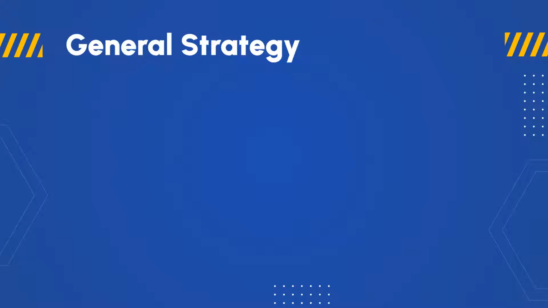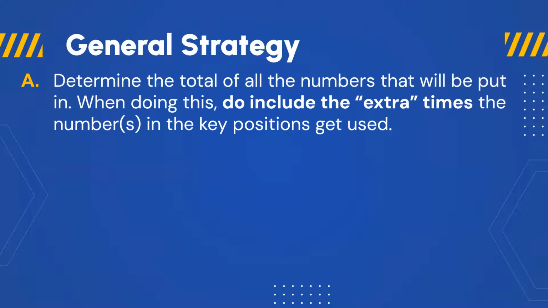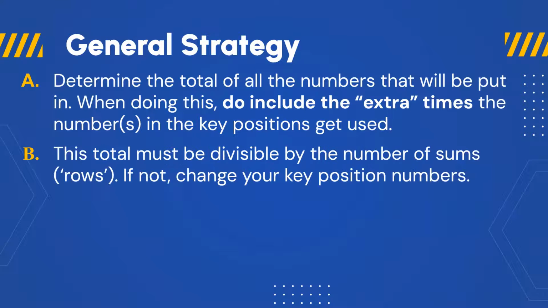So what is the general strategy? Determine the total of all the numbers that will be put in. When doing this, do include the extra times the numbers in the key positions will be used. And I'm going to be showing an example of this.